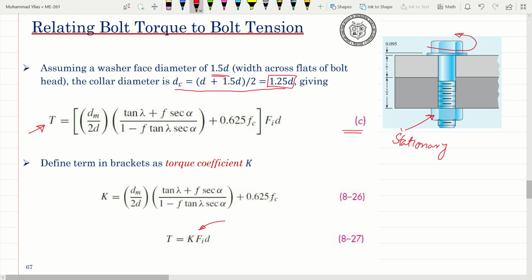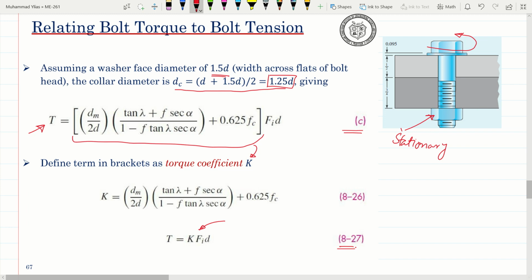Then we term all of this as K and end up with equation 8-27, which relates the bolt preload with the applied torque.